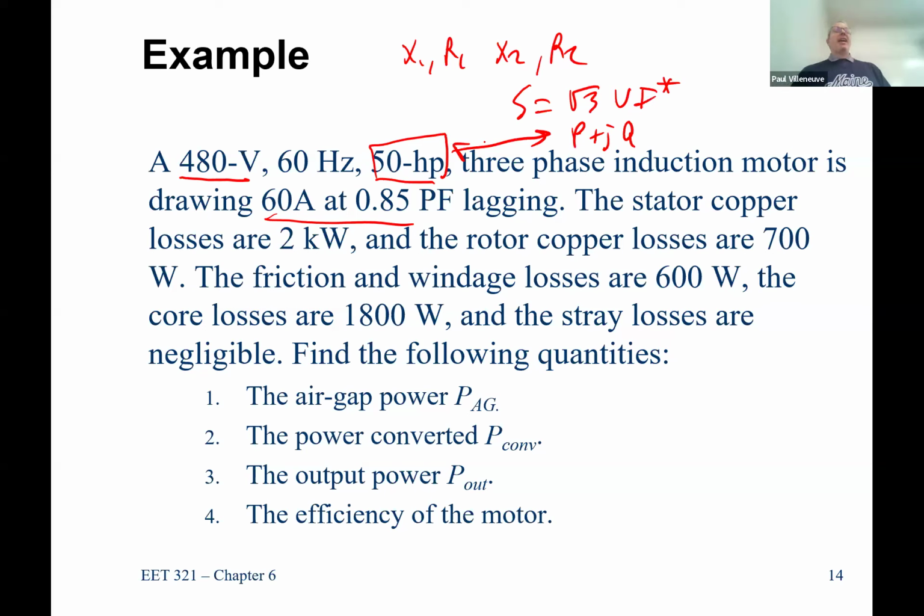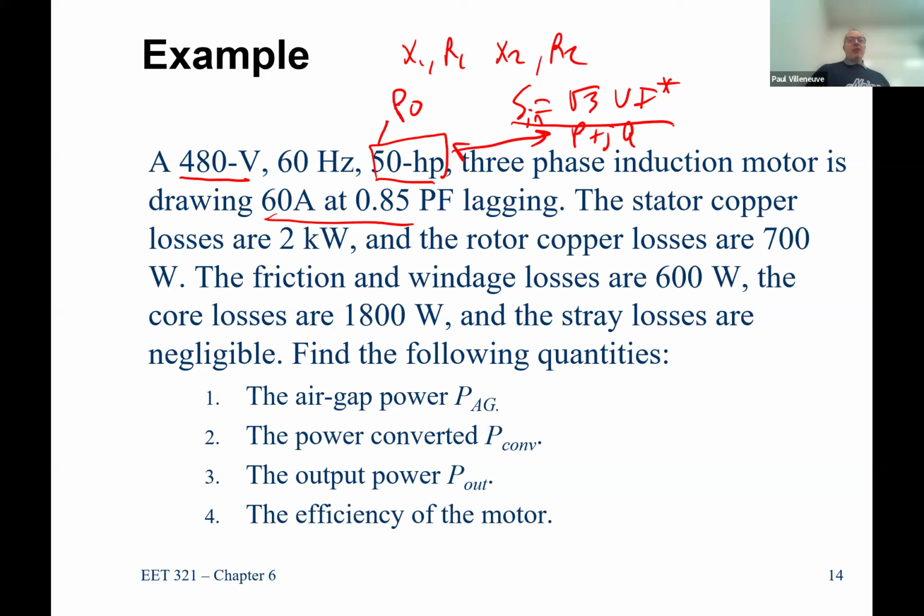I am able to compare somewhat those things. Why not exactly? This is P out, isn't it? This is P in. So I could compare it if I actually had an efficiency number here, but I don't. So the first thing I've got to do is calculate P in using that equation over here.